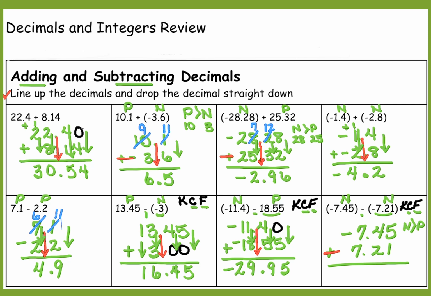We have 5 minus 1, which is 4. We have 4 minus 2, which is 2. We remember to bring that decimal point straight down, and then we have 7 minus 7, which is 0. Now this problem is going to be negative because we had more negatives than we had positives, and the final answer is negative 24 hundredths.